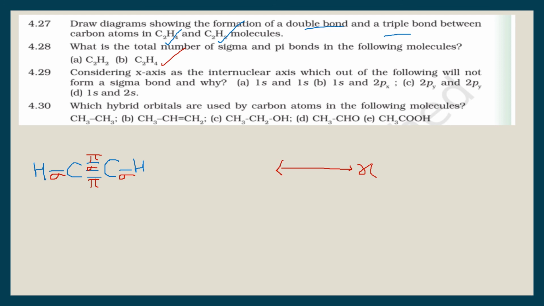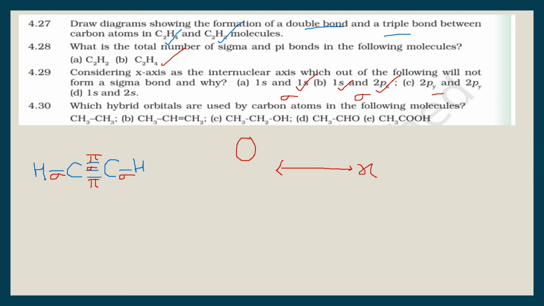If it is 1s and 1s, then there is no problem because s orbitals are spherical in shape, so they can easily overlap. So this can give rise to a sigma bond. And when I was explaining the overlap of orbitals in the same presentation, I had explained how 1s or any s orbital can overlap with the positive lobe of any of the p orbitals. This can also give rise to head-on overlap. Sigma is possible here. Sigma is possible here.